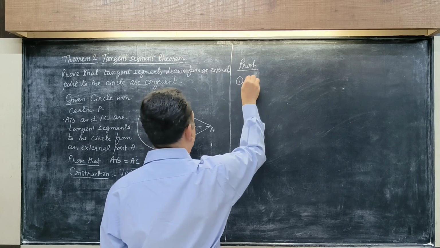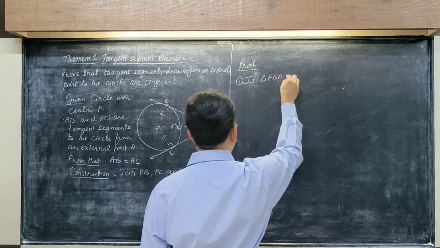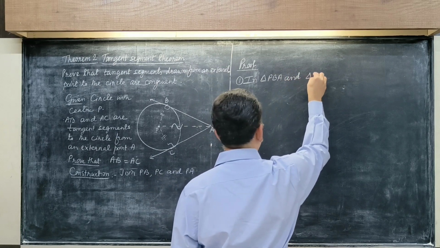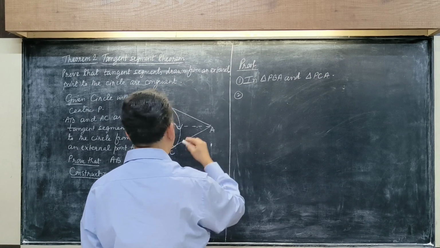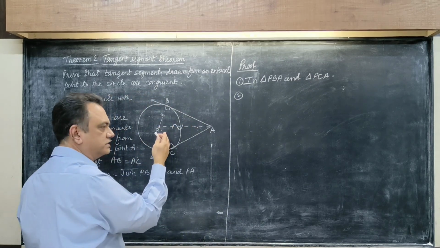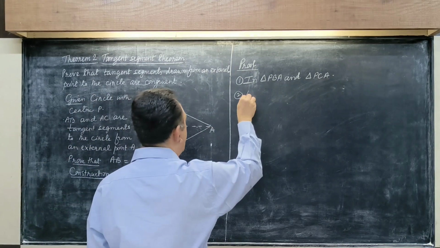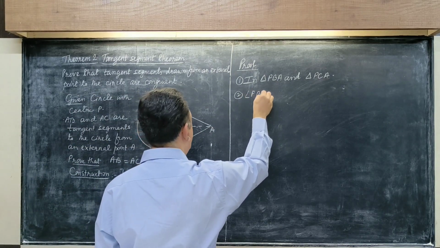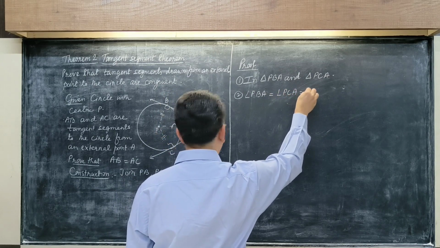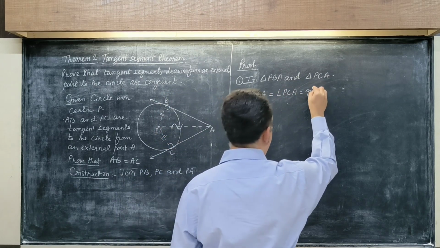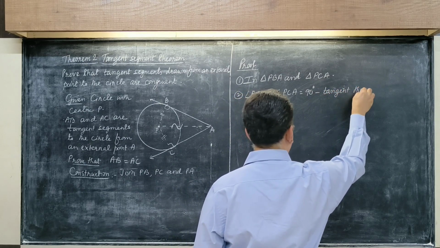Proof. First one, in triangle PBA and triangle PCA. Anything you can write first. There's no hard and fast rule what to write first. Anything. Angle PBA equal to angle PCA equal to 90 degree by tangent theorem.